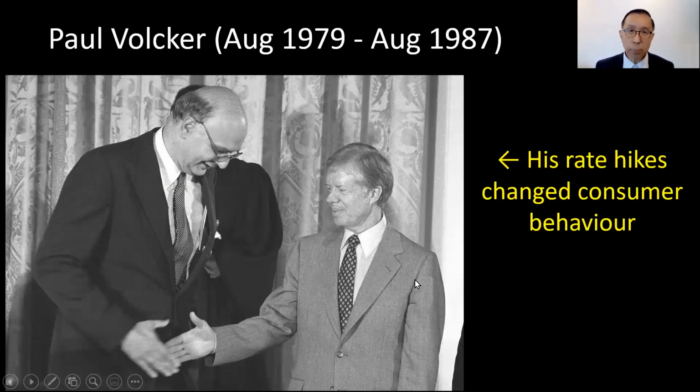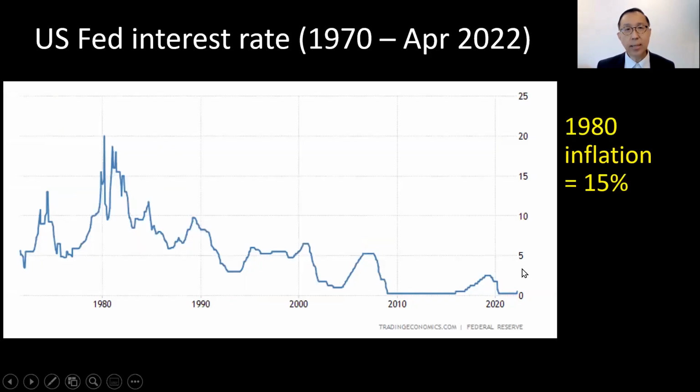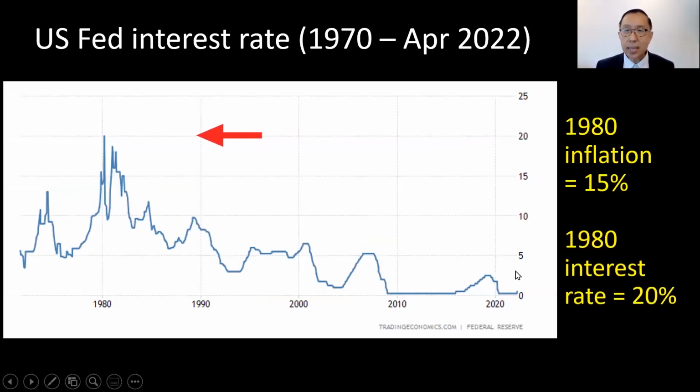At that time, President Carter was in charge, and he hired a person, Paul Volcker, who believed that the only way to control inflation is to raise interest rates higher than inflation, and that's what he did. In 1980, the US inflation was 15%. Paul Volcker raised interest rates to 20%.